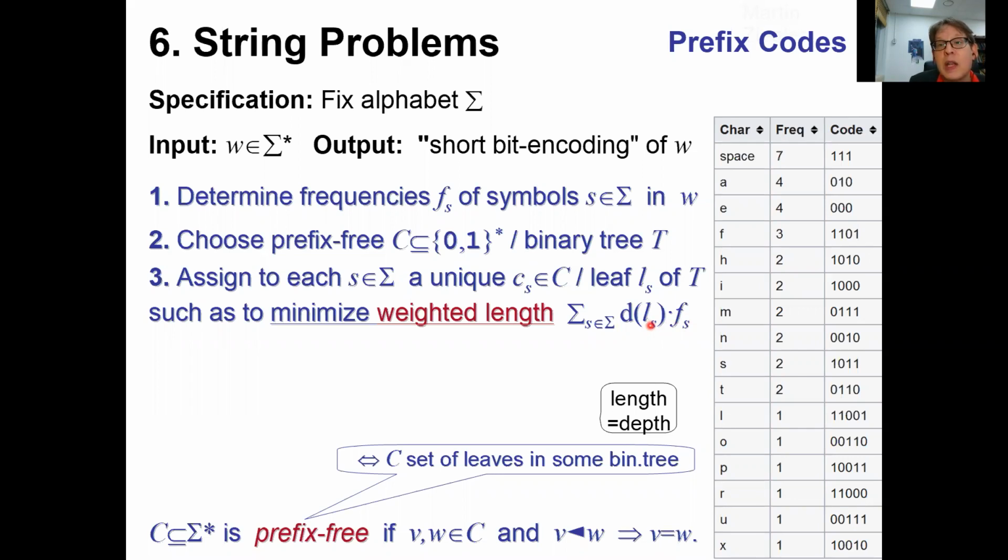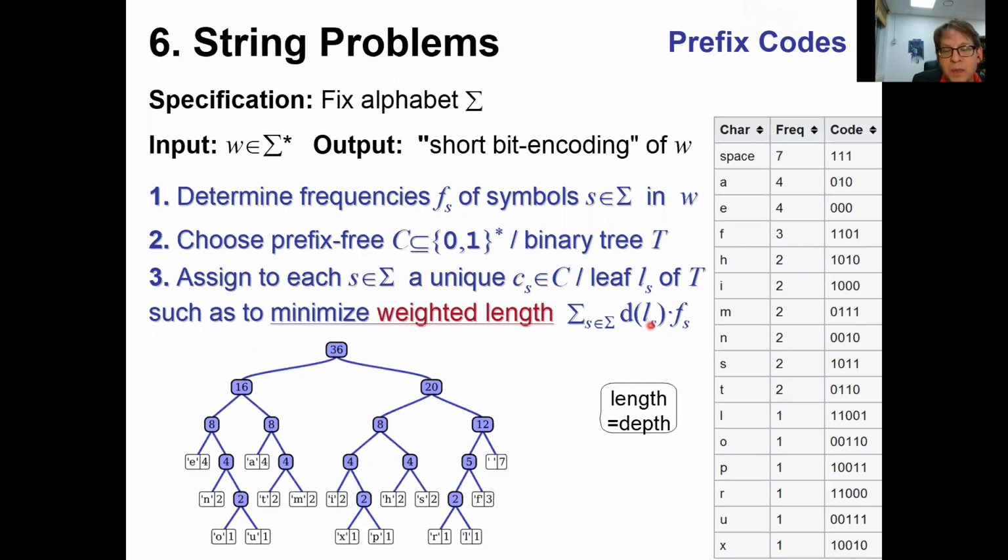This gives the total length of the encoded string, the total bit length of the encoded string. And since we want an optimal code, that means minimizing that overall encoded length. So this is now finally our algorithmic problem, which we want to solve.